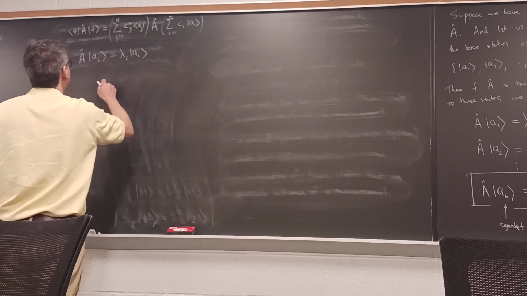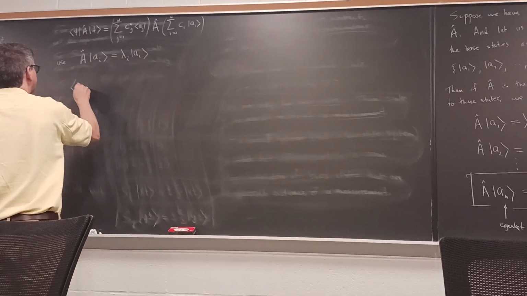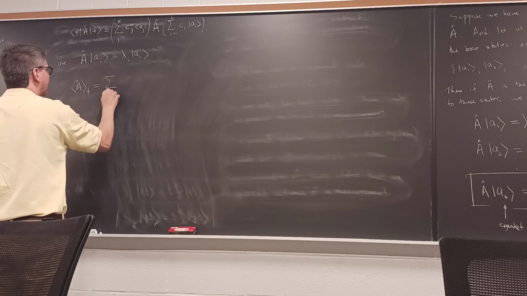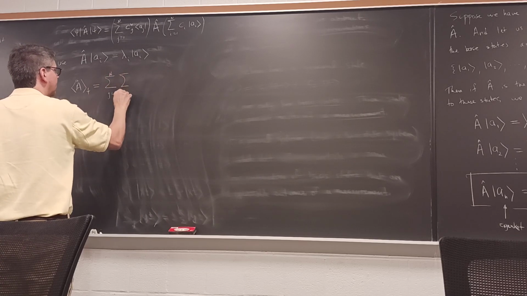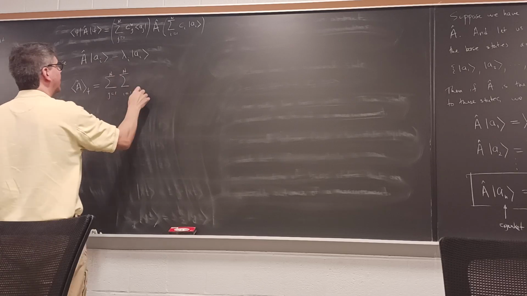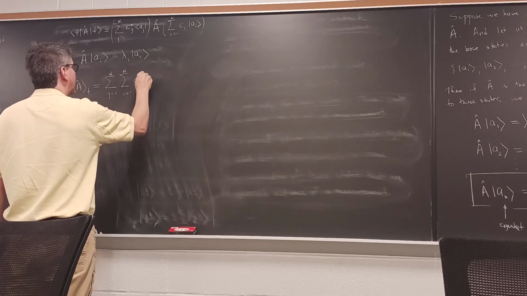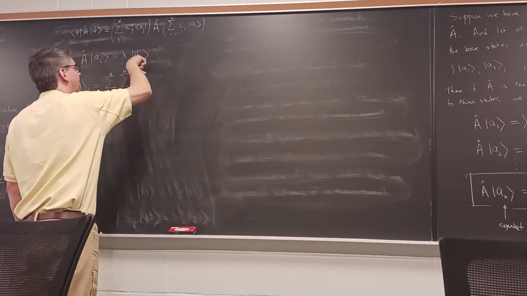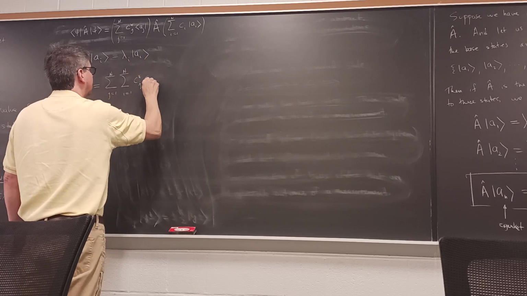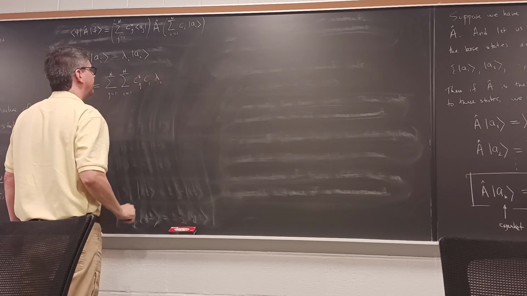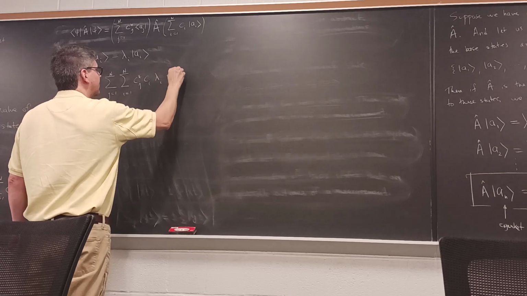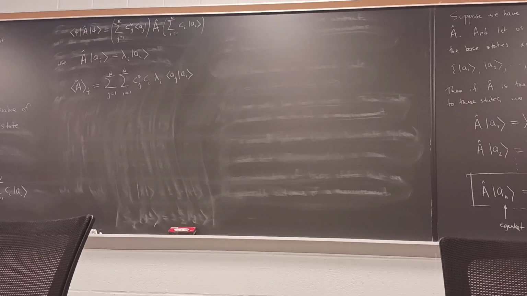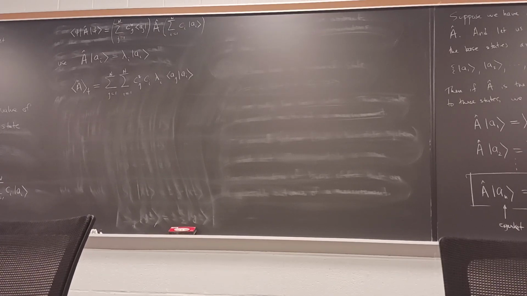So that means then that the expectation value of A will be the sum over J and I from 1 to n. We'll have Cj star. Now A is going to hit this A sub I and give me a lambda sub I. So I'll have a lambda sub I, and then I'll have AJ A sub I.